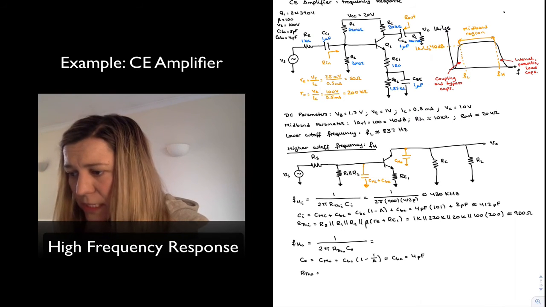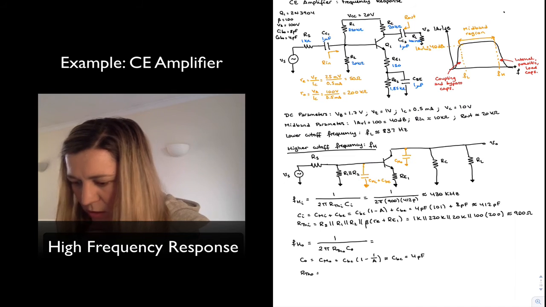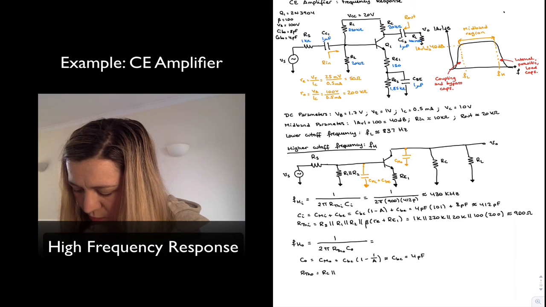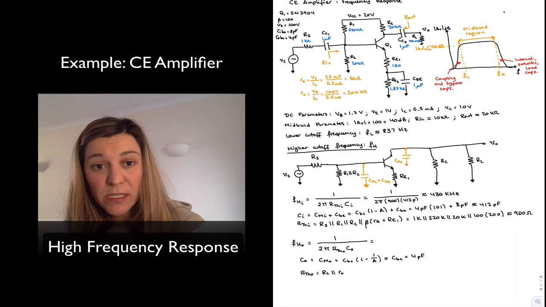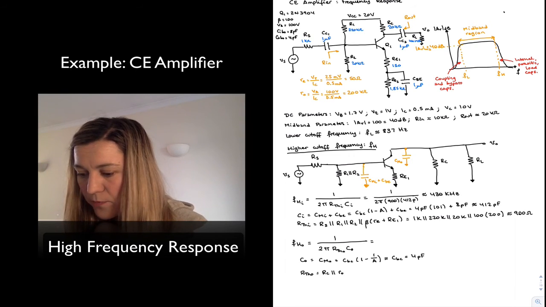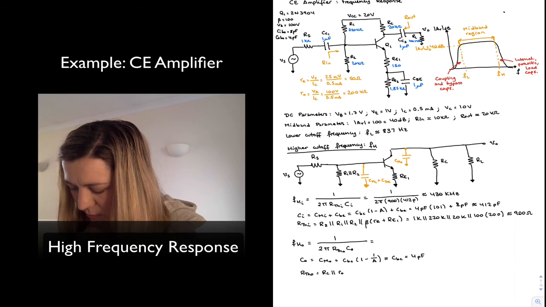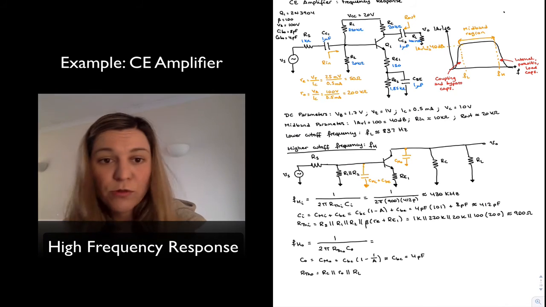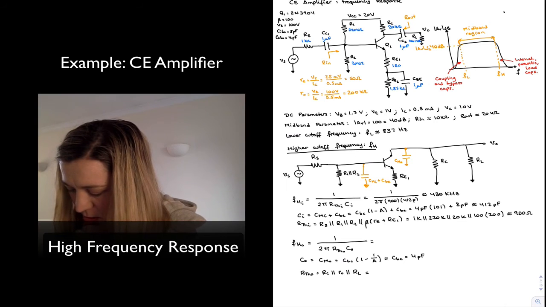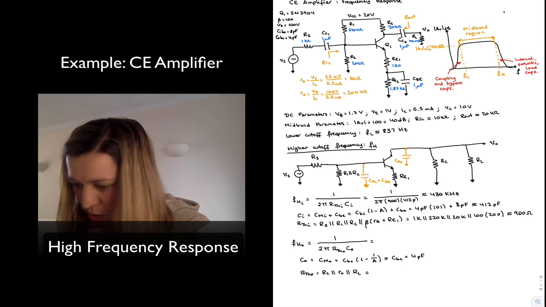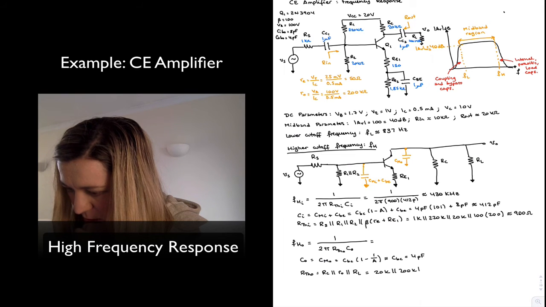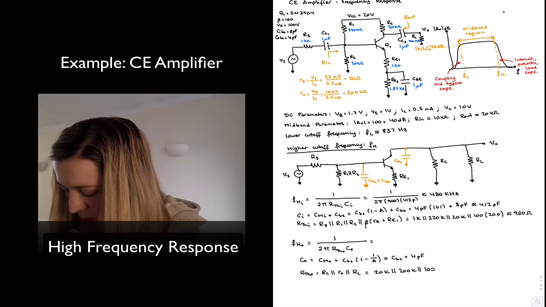And the Thevenin resistance connected to the output is going to be RC in parallel with little r, the output resistance of the amplifier, in parallel with the load resistor in this case. So RC was 20K in parallel with 200K in parallel with 100 meg.